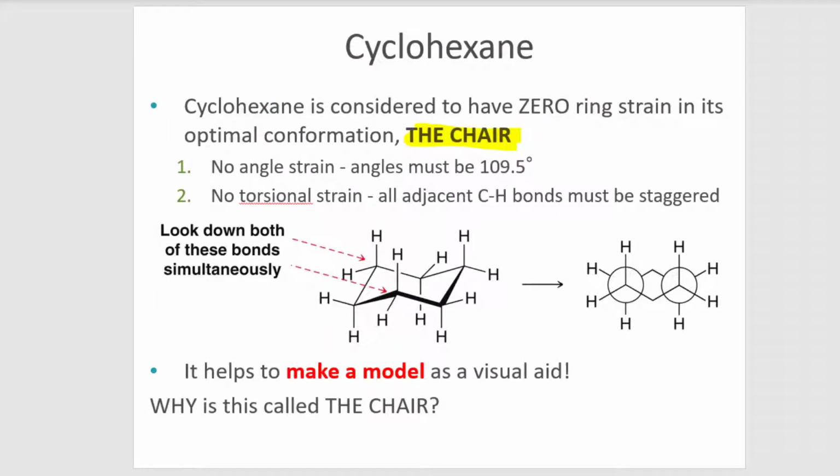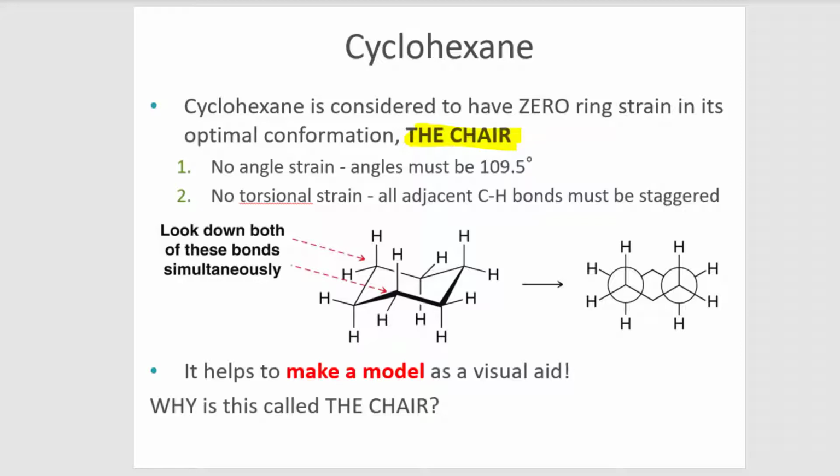And as I mentioned, cyclohexane is considered to have pretty much 0 ring strain. And why is that? I mean, doesn't it have a little bit of angle strain? Well, no. Because we've kinked the ends of the carbons out of the plane, it actually changes the angle quite a bit. And you can even feel it. If you have a handheld model and you try to make all carbons for your sp3 carbons planar, you'll see that the bonds will be bending and straining.